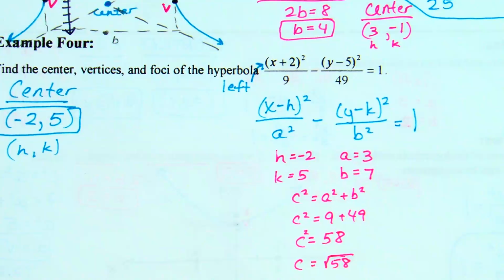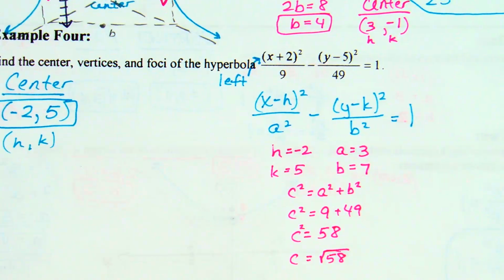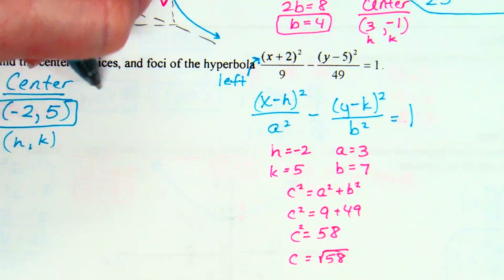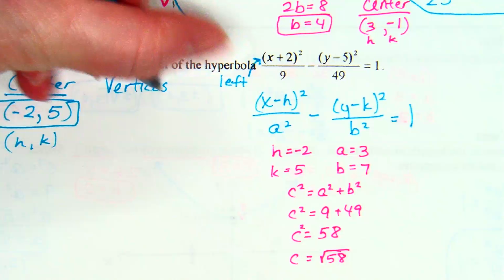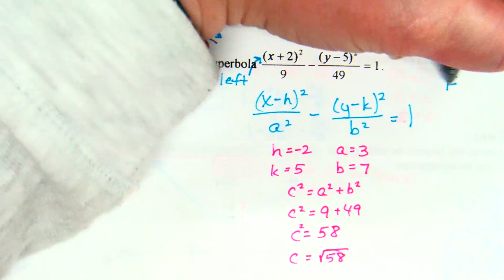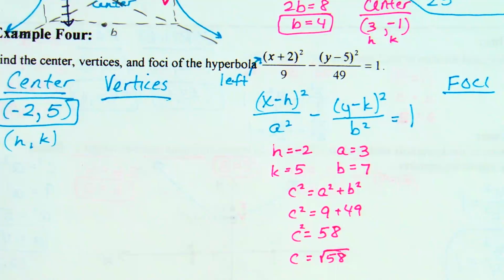So 9 plus 49, which is 58. So c is the square root of 58. Okay.